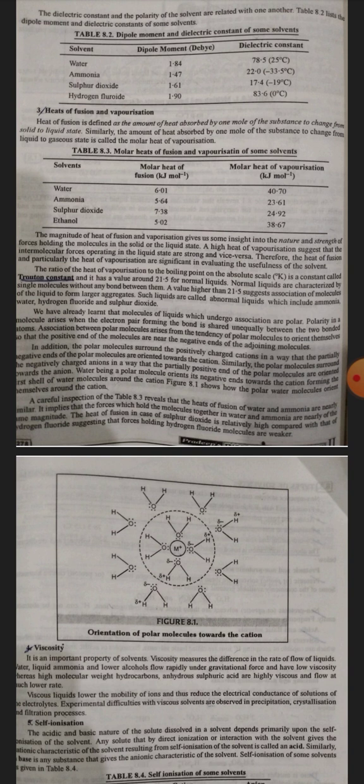Similarly, the polar molecules surround the negatively charged anion in a way that the partially positive end of the polar molecule is oriented toward the anion. Water, being a polar molecule, orients its negative end toward the cation, forming the first shell of water molecules around the cation. This shows how polar molecules orient themselves around the cation.